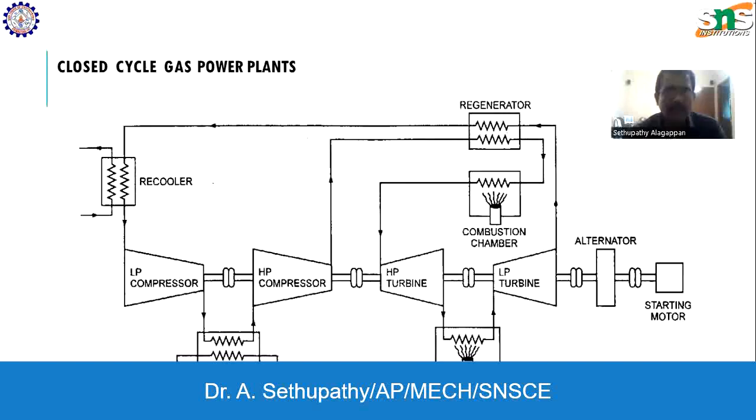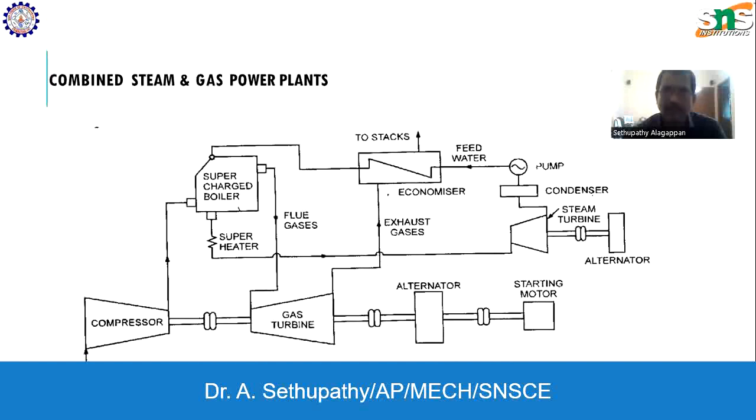In closed cycle gas power plants, the regenerator is coupled with the high pressure turbine and low pressure turbine, and also coupled with the high pressure compressor and low pressure compressor. The exhausted gas is recycled or reused in this type of power plant. This is the difference between closed and open cycle gas power plants.